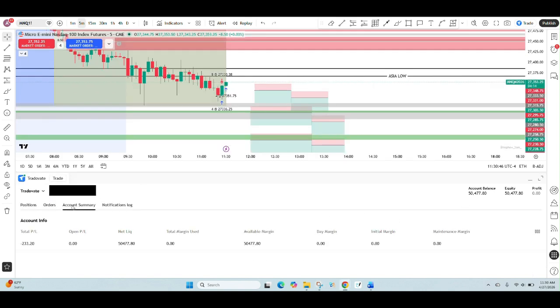So today I lost $233.20. Set me back down to now I'm only at $50,477.80, which is terrible because remember my drawdown is 2,000 and they take the 2,000 from your highest profit. So I believe my highest profit was at about 50,800.